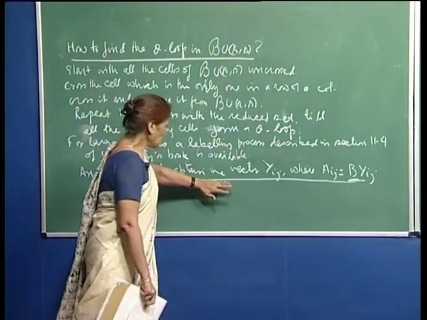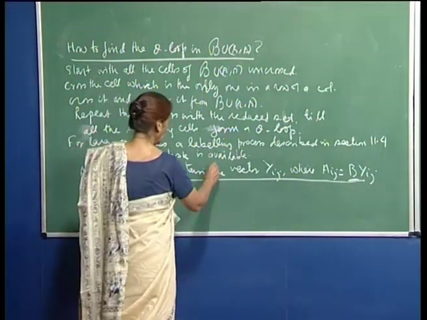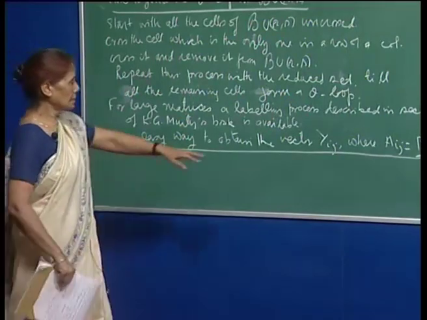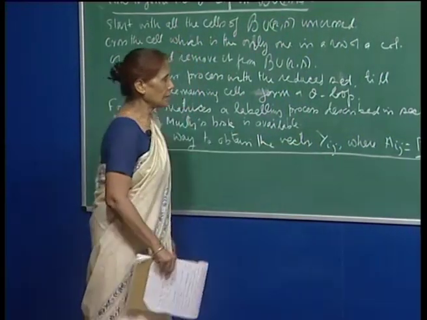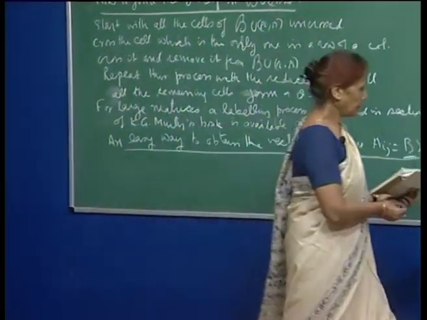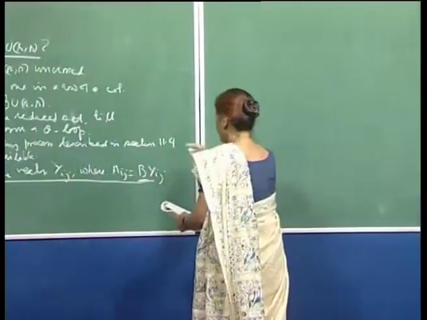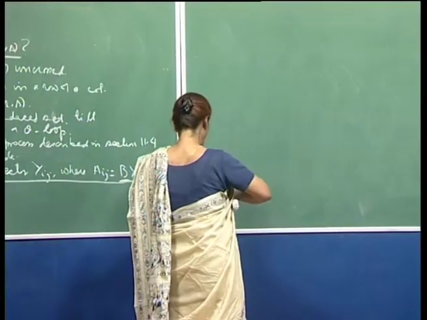Now, let me get to this, how do we try to get these numbers, the vector y i j. So, let me first give you an example here quickly.